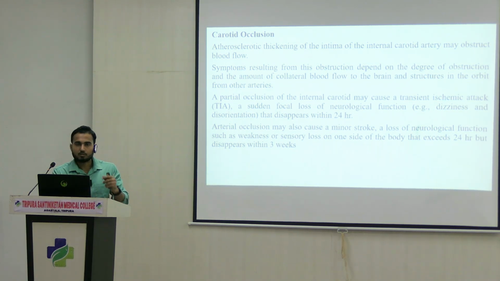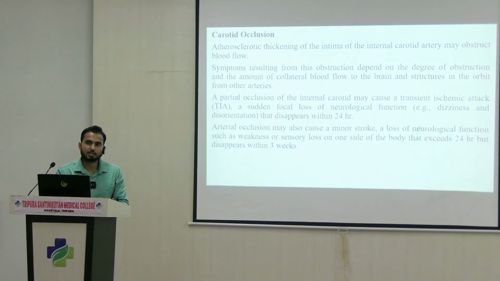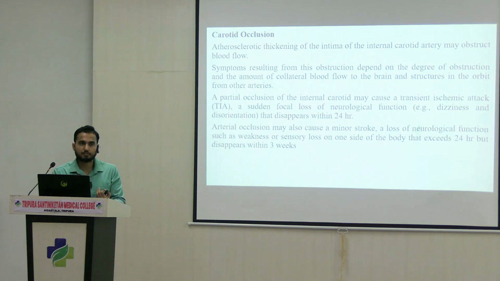The symptoms depend on the amount of blockage and the collateral circulation. Why am I talking about collateral circulation? If blockage or partial obstruction takes place on one side, blood from the other side will go and supply that particular area. Collateral circulations are available.